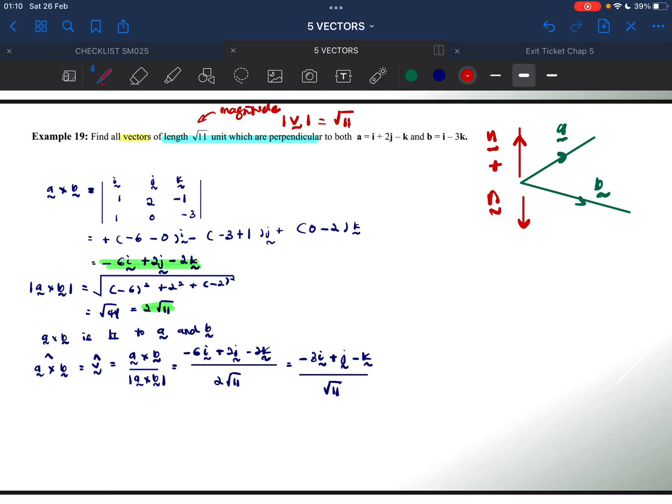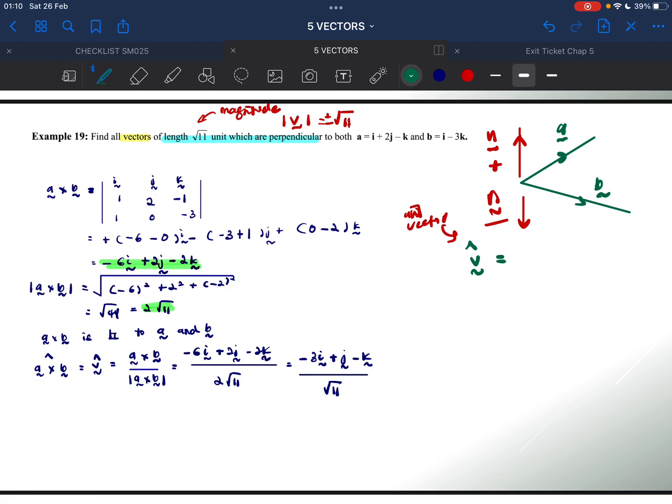Up here is positive, down here is negative. There are two signs here, so that means your length can be positive or negative square root 11. Now the formula to find the unit vector: we have V equals V hat, this is your unit vector.